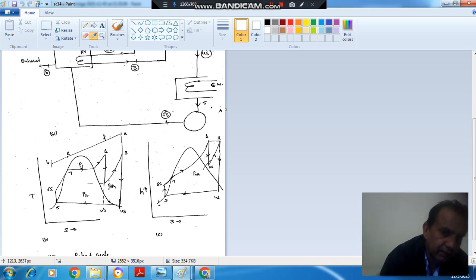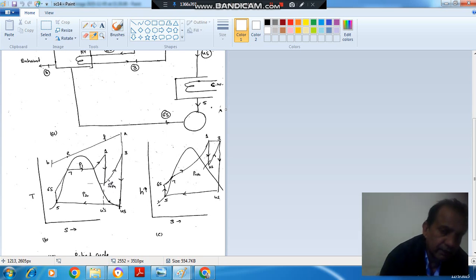And by reheating we can also see that we are getting this extra area. This extra area means more work obtained, so the work output of the cycle also increases. So one of the advantages is that dryness fraction increases, and work done is increased.